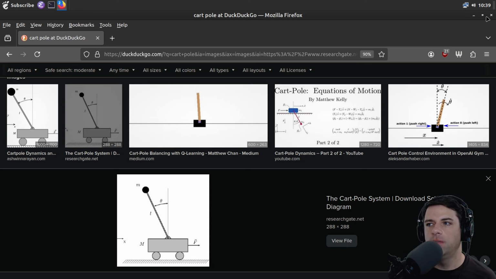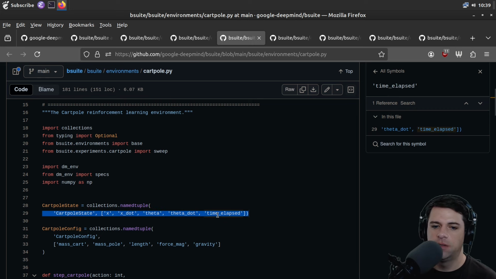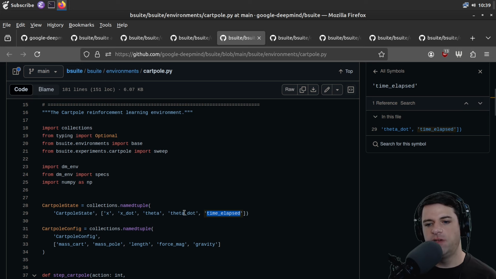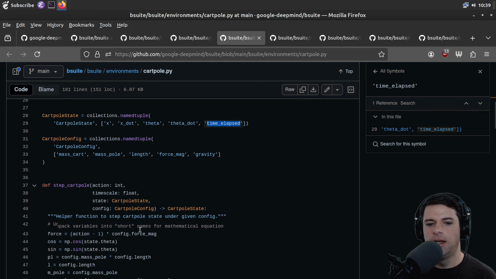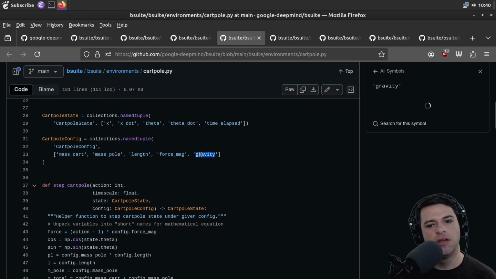So that's cart pole. So we need the angle theta. Theta dot is the change in the angle. And then time elapsed. I'm not sure why we need time elapsed. That's not obvious, but I guess it's basically t in the equation. So I guess it is obvious. And then we have a cart pole config, which has the cart's mass, the mass of the pole, the length of the pole, the force mag, and gravity.